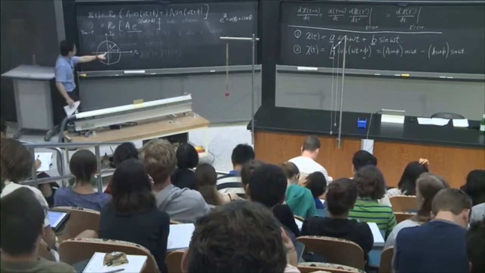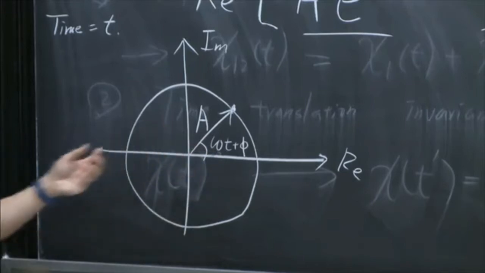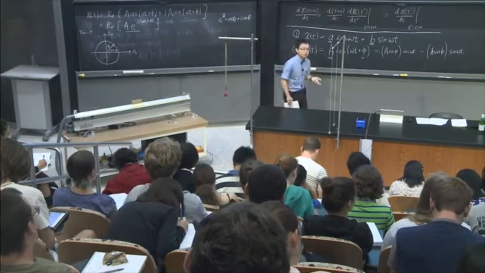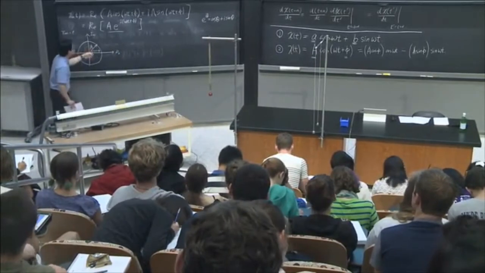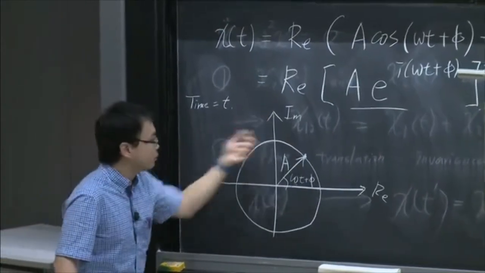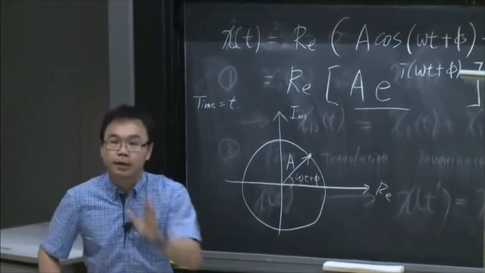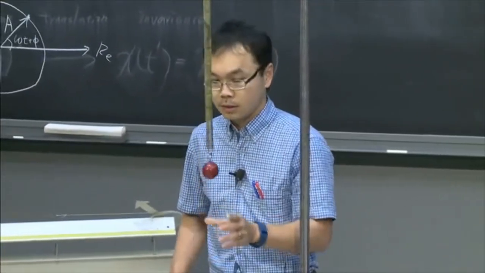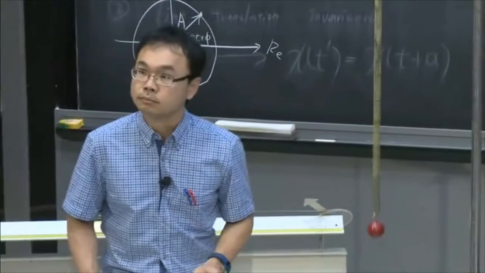Why? Because now I understand why I call this omega angular velocity or angular frequency, right? Because the solution to the equation of motion, which we have actually derived before, is actually the real part of the rotation in a complex plane. Okay, if you think about it, that means now I see this particle going up and down.